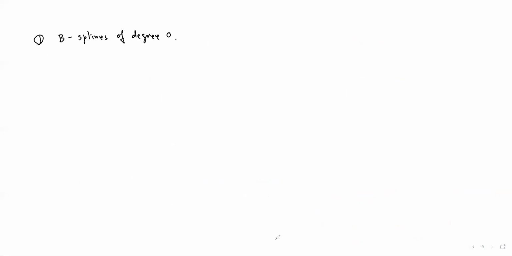That means that over each subinterval the polynomial degree is 0. Degree 0 means a constant over each subinterval. The B-spline is constant. Okay, notation.